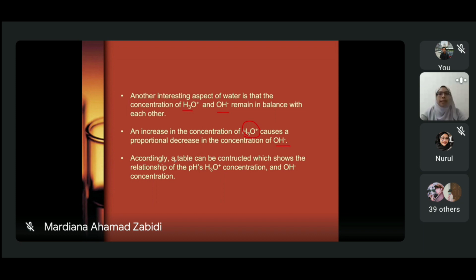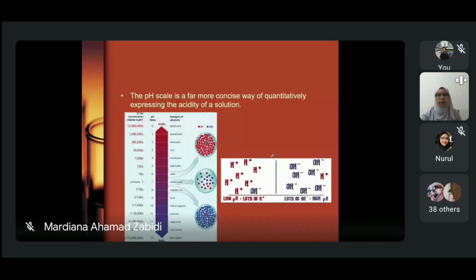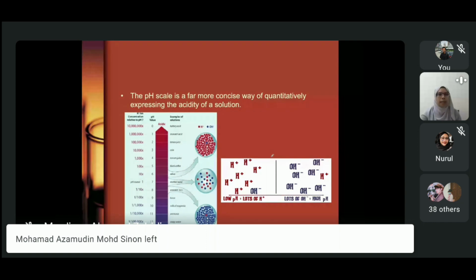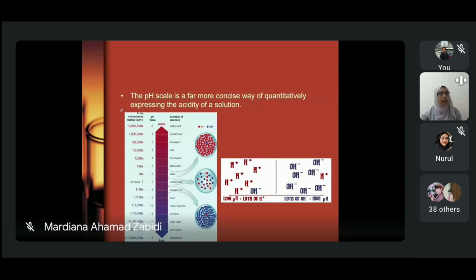Alright, so basically there is a table whereby it shows the logarithmic relationship between the hydronium as well as hydroxyl ion. But I don't think we have that table in your notes, oh it's here. This particular pH scale is more accurate for quantitatively expressing the acidity of a solution.